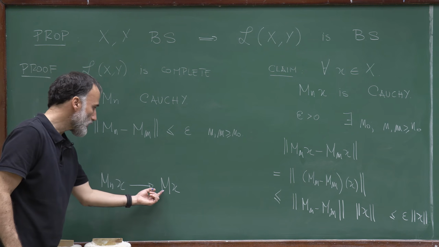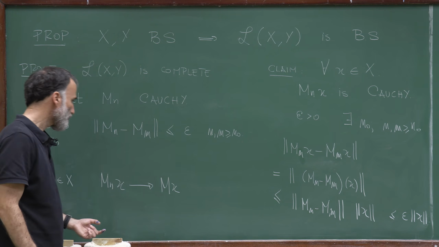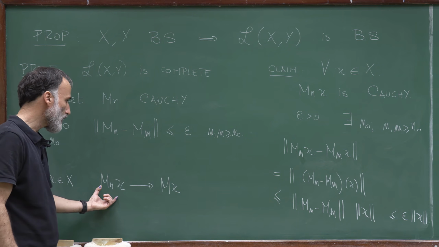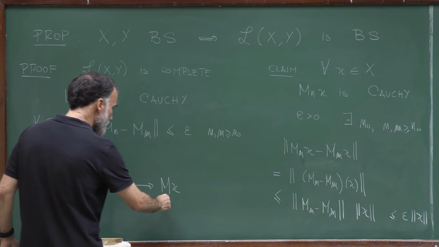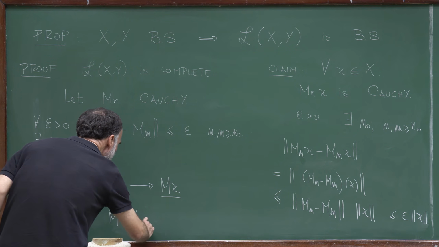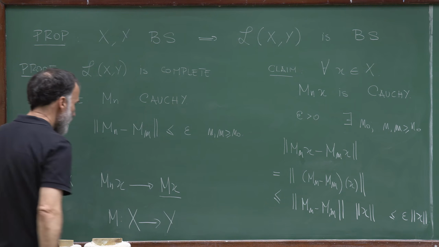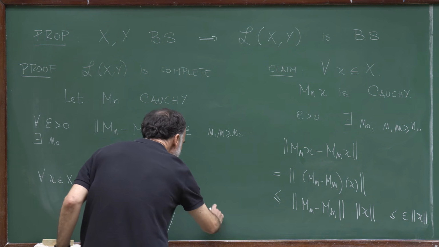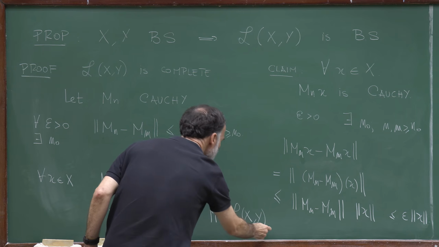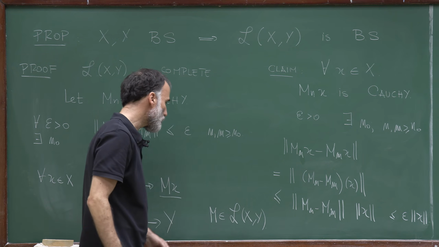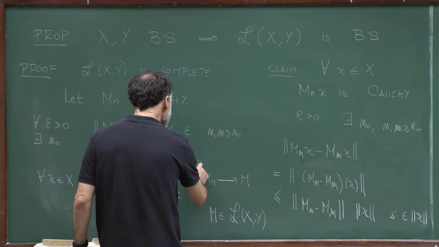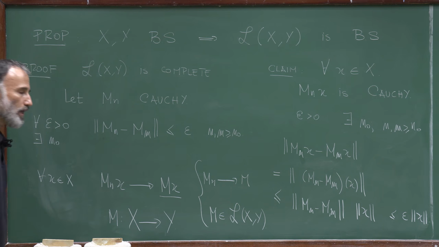So this defines an operator from x to y in which to each x I associate the limit of Mn of x. So this defines M. So M is now a function from x to y. And what I claim is that M belongs to Lxy, so it's a bounded linear operator from x to y, and that Mn converges to M. So these two claims I will prove now.